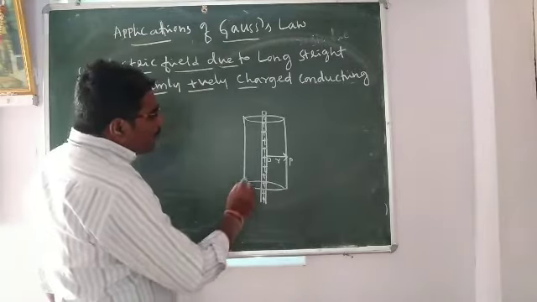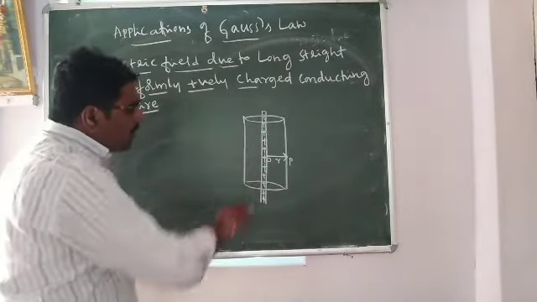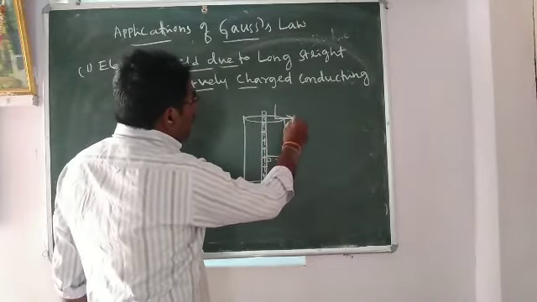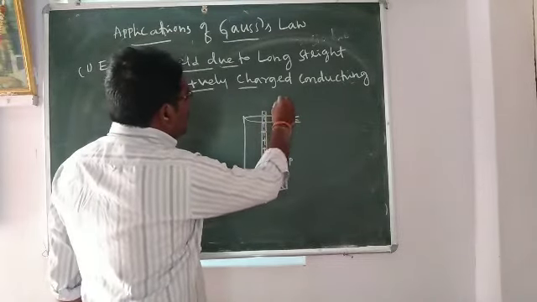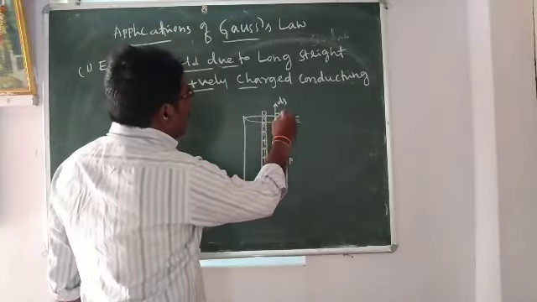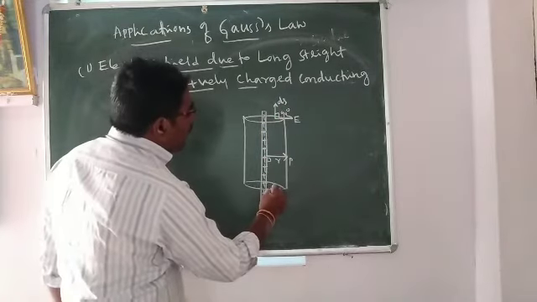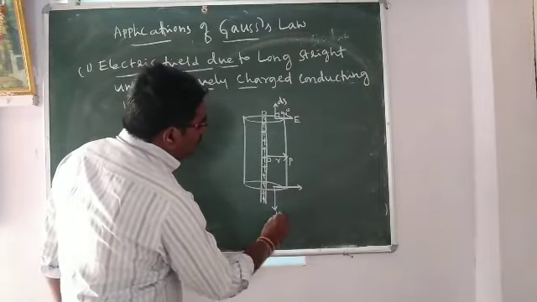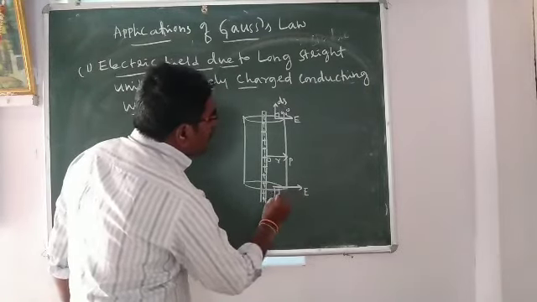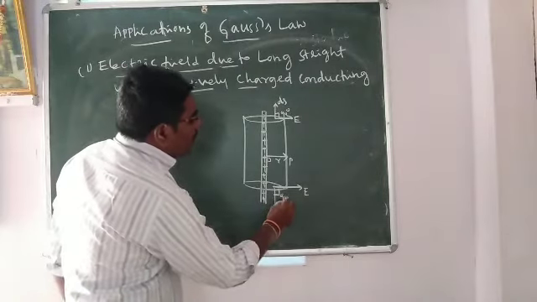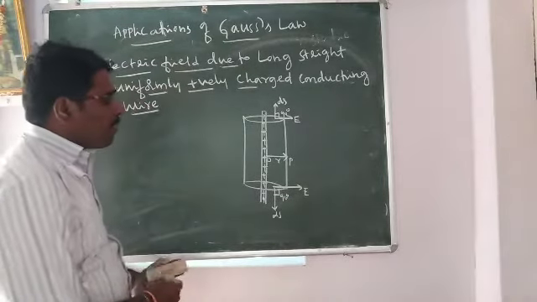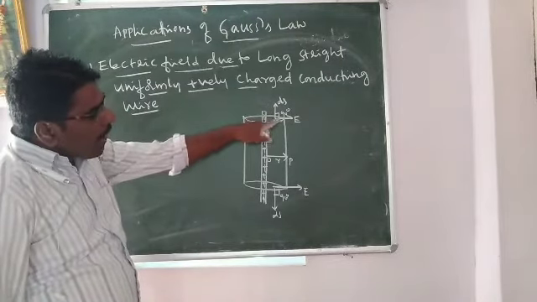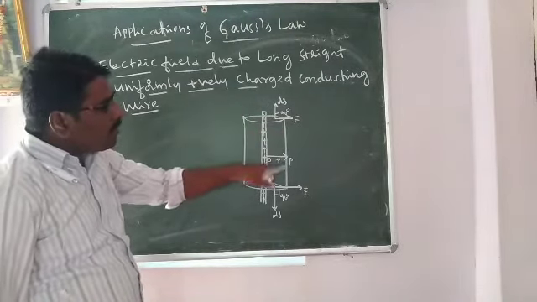The flux through the two end faces of the imaginary cylinder is 0 because the angle between E and delta S is 90 degrees. Electric field is always normal to the surface, so flux through the end faces of the cylinder is 0.